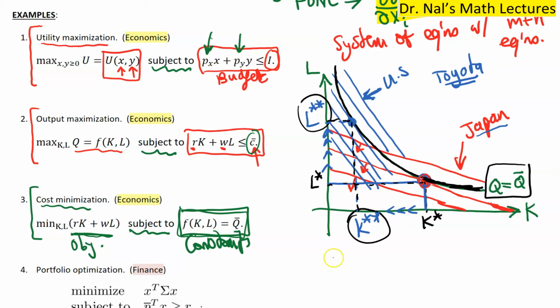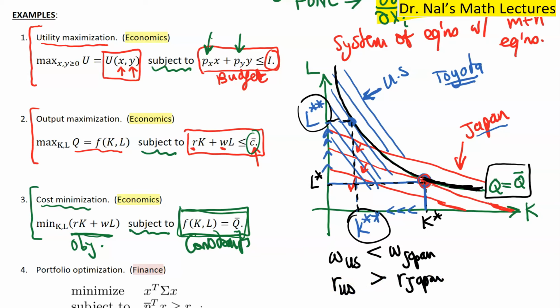So when you compare the wages in the US versus wages in Japan, Japanese wages are significantly higher than US wages. However, the rental rate of capital in Japan is cheaper than the rental rate of capital in the US.